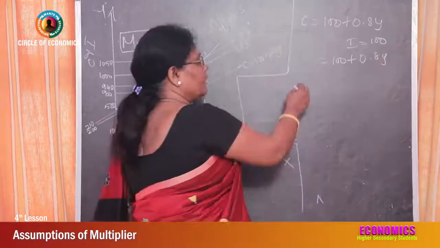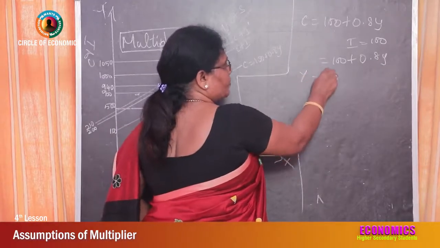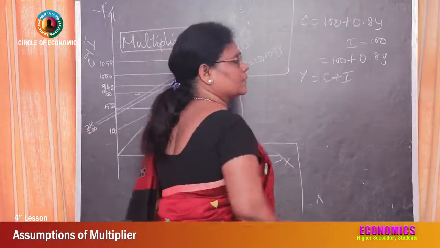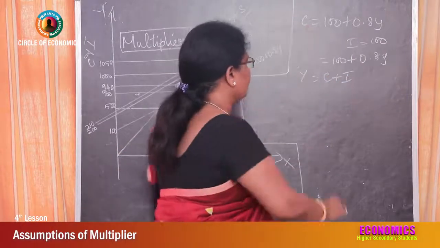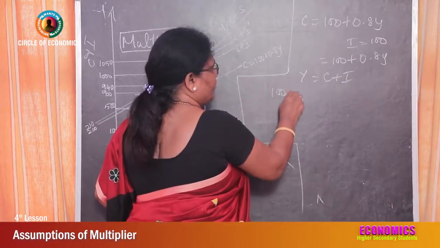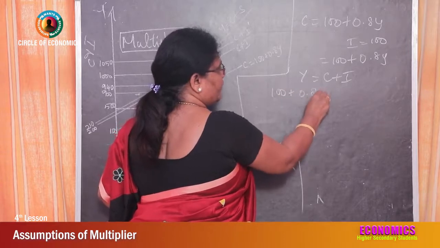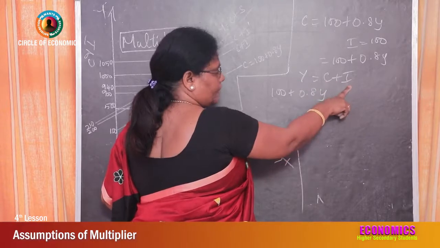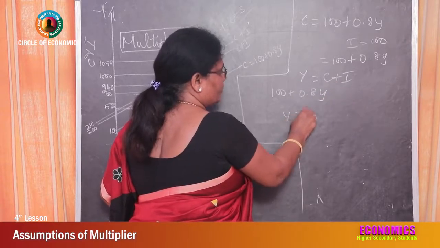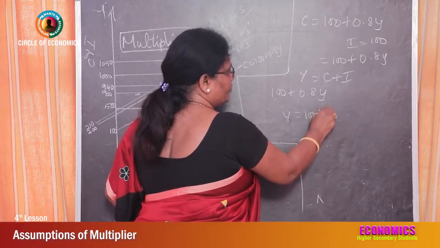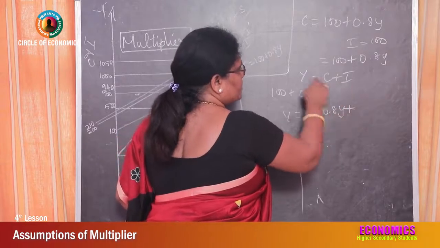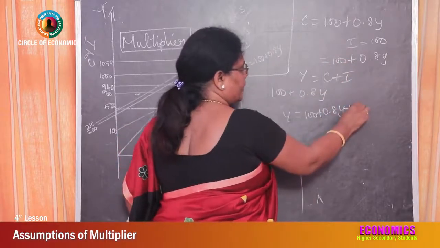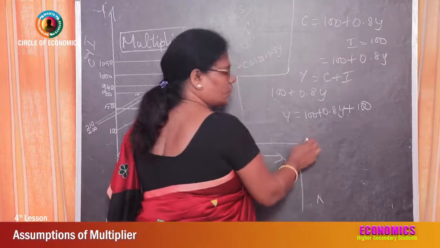We know that Y is equal to C plus I, isn't it? So what is C? 100 plus 0.8y. Y is equal to C plus I. So Y is equal to 100 plus 0.8y plus what is I? 100. Okay.